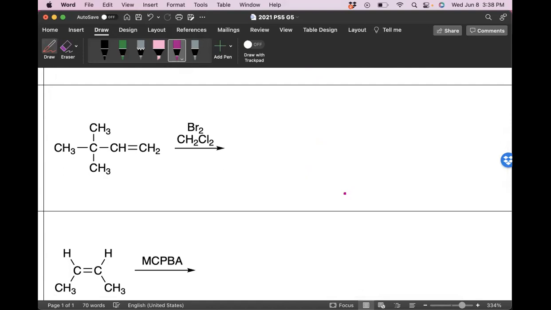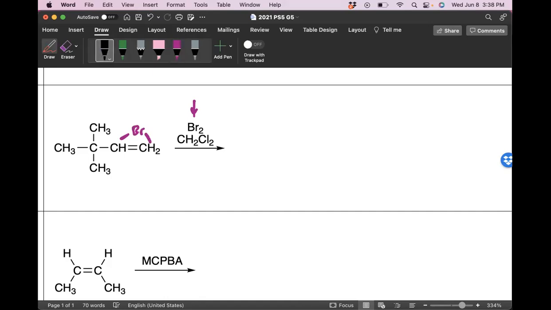Again, we have a bromination. However, for the bromination, this is aprotic, so we'd add 2 Brs that are anti to each other. The thing to note, though, is that with bromination, or just halogenation, there's an intermediate where Br is like this. There's no carbocation intermediate, or at least not that we see.